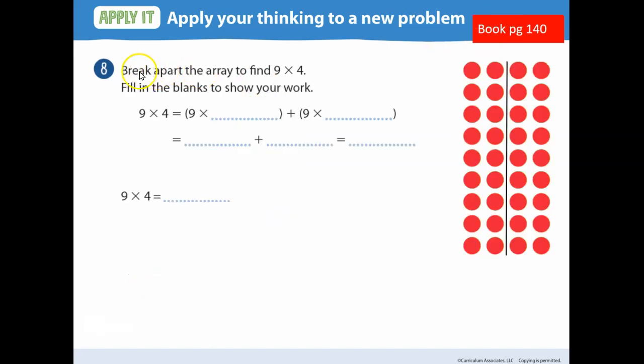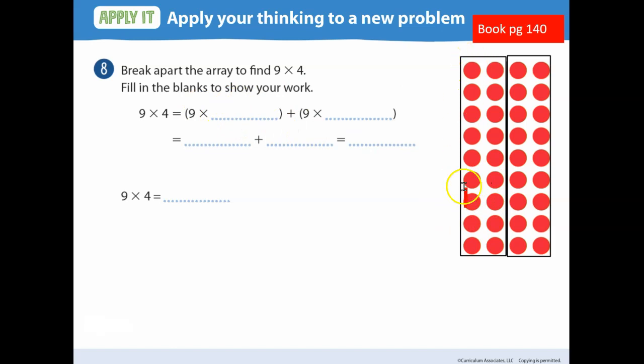So on page 140, it says break apart the array to find 9 times 4. So I have 1, 2, 3, 4, 5, 6, 7, 8, 9 rows with 4 columns across. They broke it apart by doing this. They took this one, and then they broke apart this one. So it says 9 times 4 equals, well, look at the first array that I created.